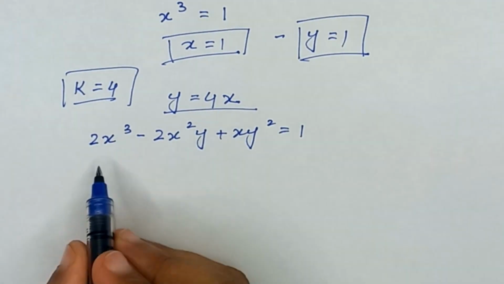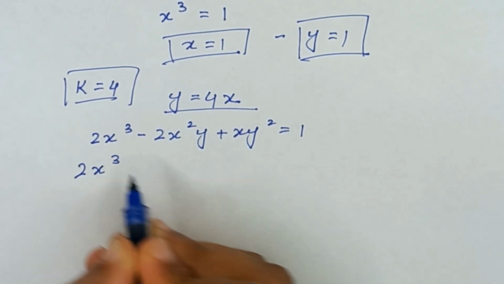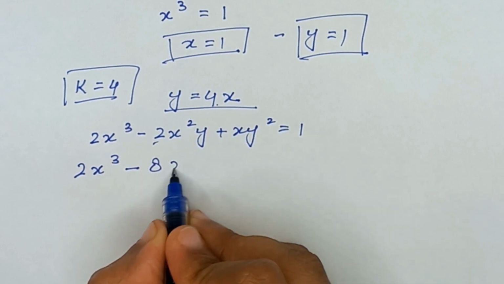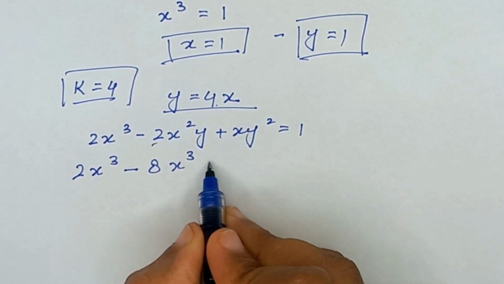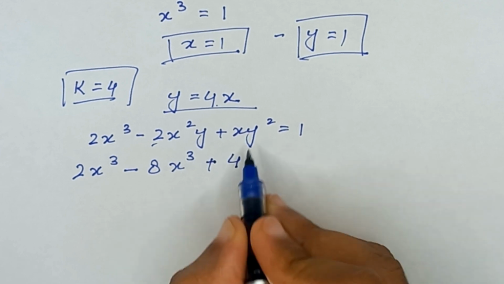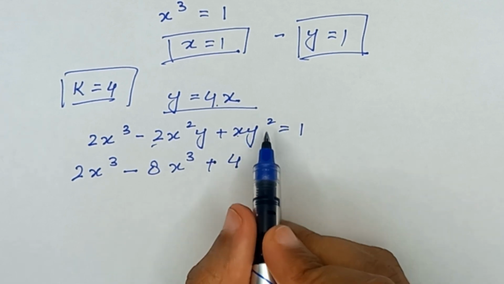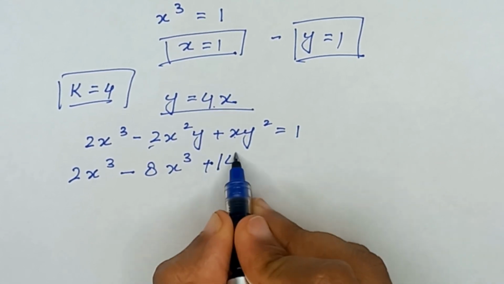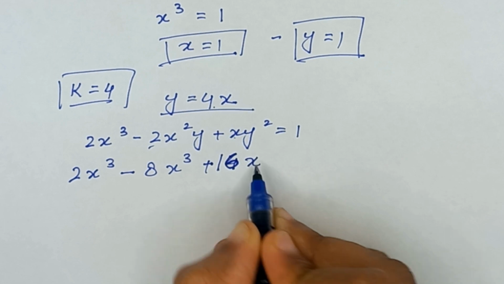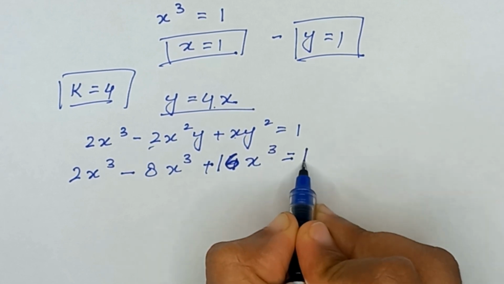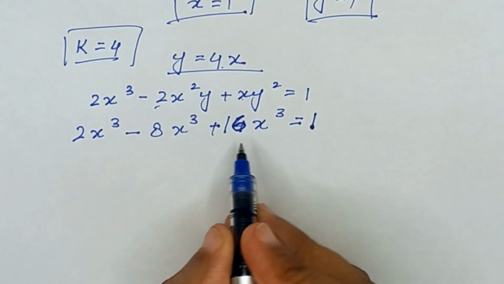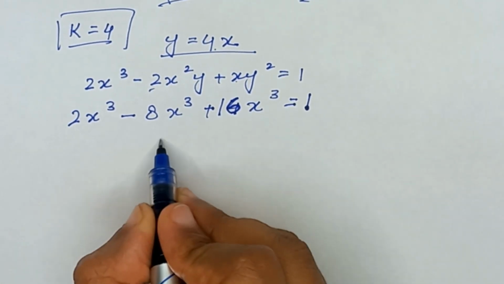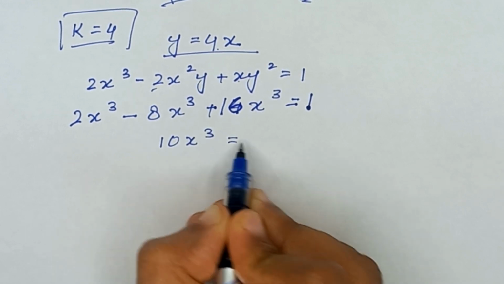So this equation will become 2x cube minus 2 times 4, that is 8, and x square times x will be x cube, and it will become plus 16 x cube is equal to 1. So when we solve it, 16 x cube plus 2x cube will be 18, 18 minus 8 will be 10 x cube is equal to 1.